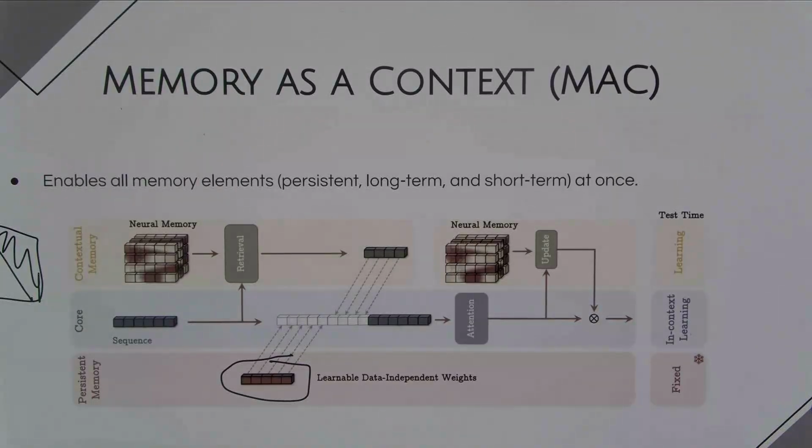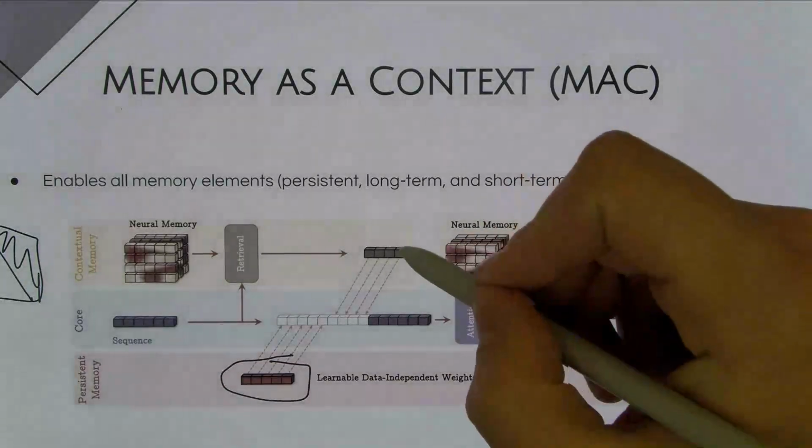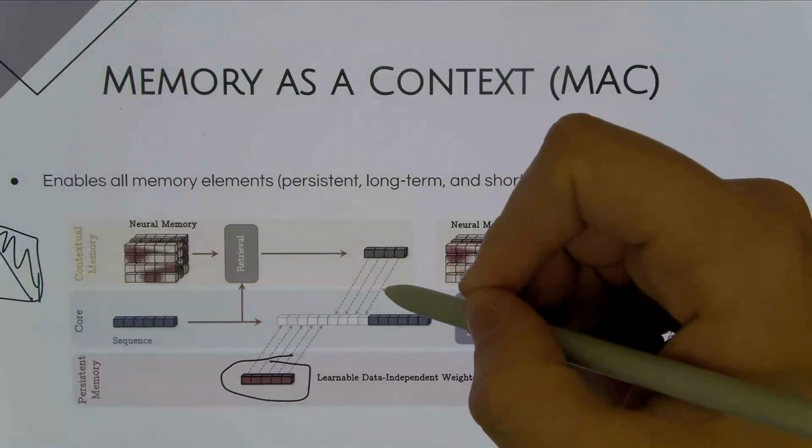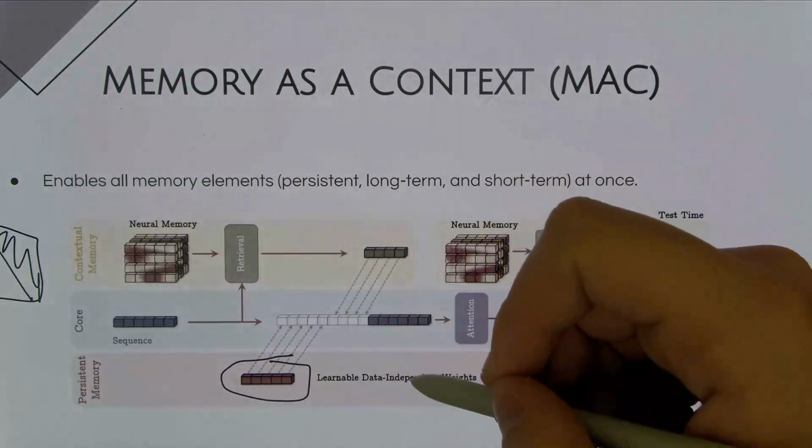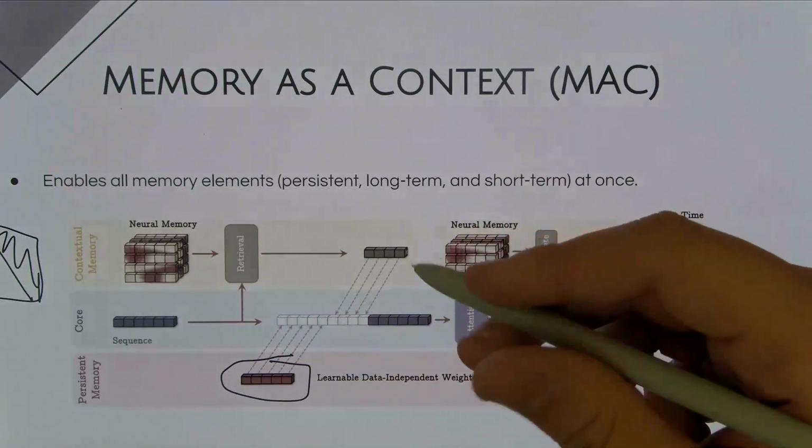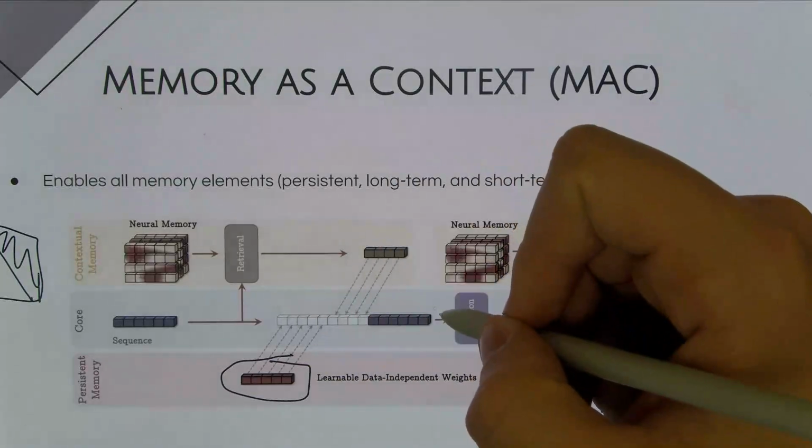Okay. So now we're going to get into MAC. Everything we've covered up to now, we're going to put it all together. You're going to put all of that persistent memory before your sequence of inputs, so a sequence of tokens. You're going to use that to make a prediction about what the next token is going to be. You're going to take whatever tokens you predicted, put them before, and now you have a much greater sequence of tokens.